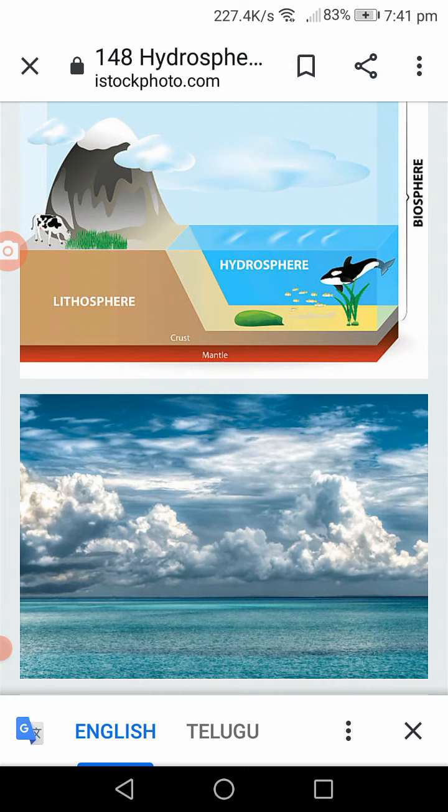And only 1% of the water is useful for our needs. The remaining 99% of water is ice, saline water, etc. Let us discuss how the word hydrosphere came. Hydrosphere originates from the Greek word hydra, which means water, and sphere, which means ball. To create awareness, Water Day is celebrated on March 22nd every year.